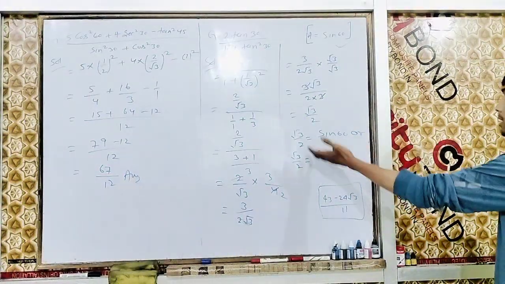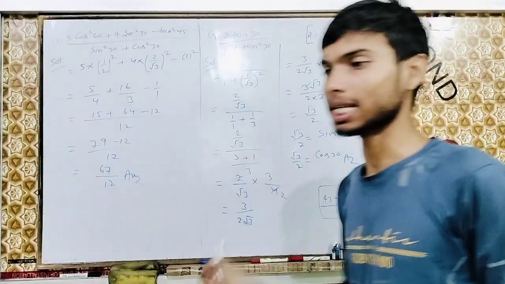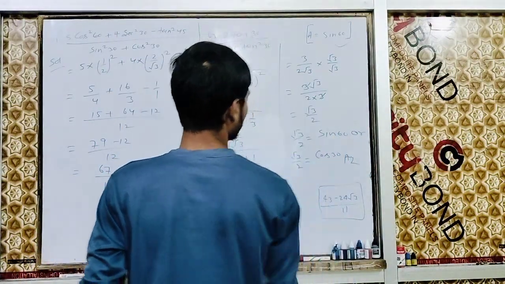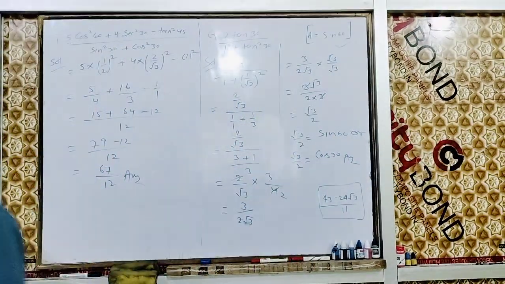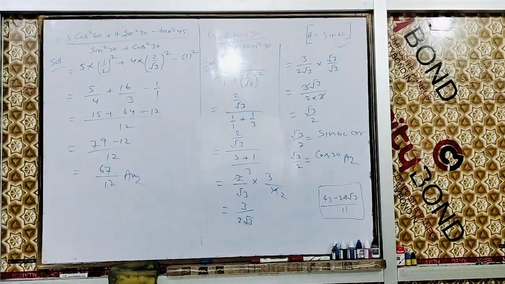After rationalization, we got this value, and we know that this is equal to sine 60 or cos 30. Just have a look for yourself. Now the next question.